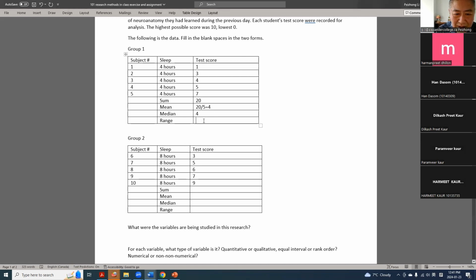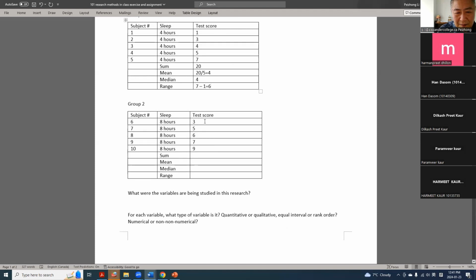So the biggest is 7, smallest is 1, range is 6. People differ by 6.